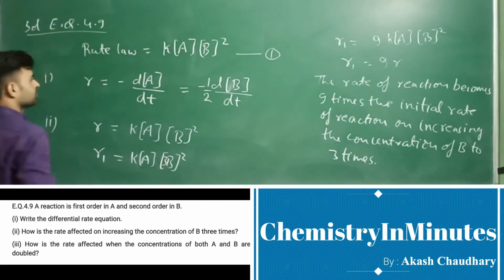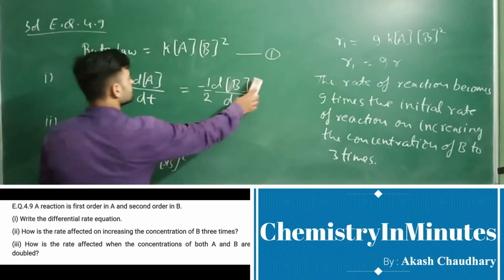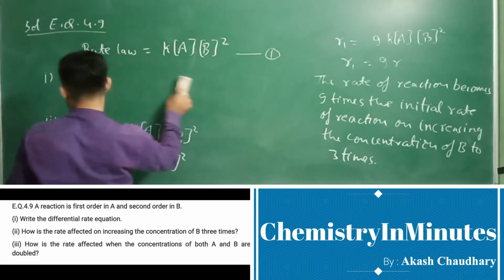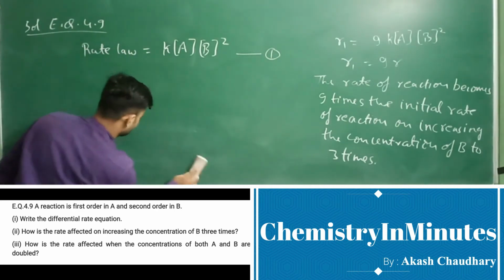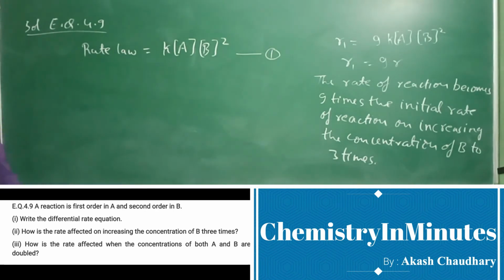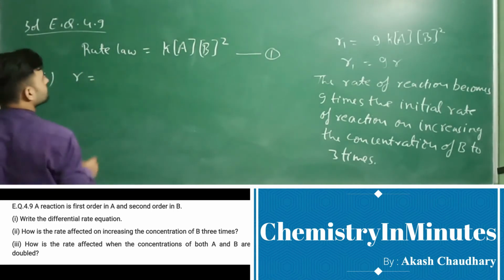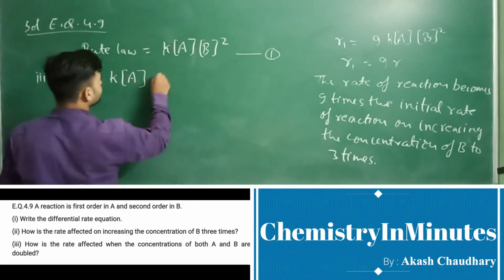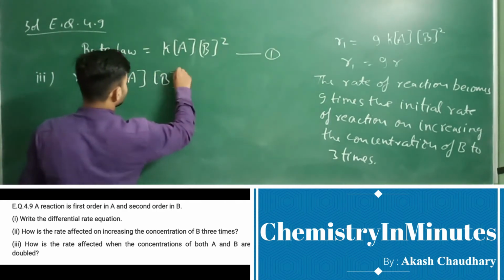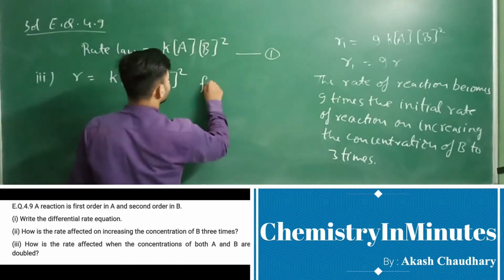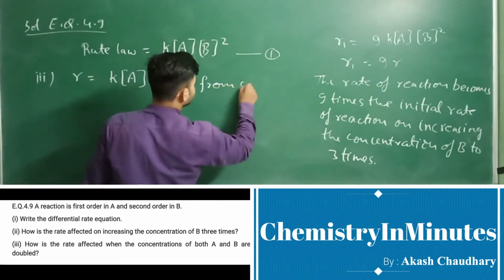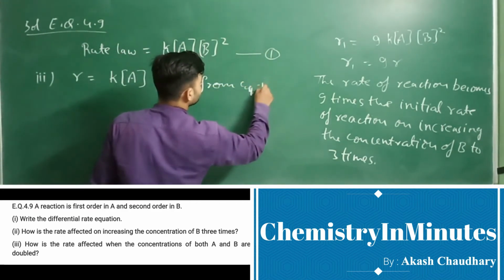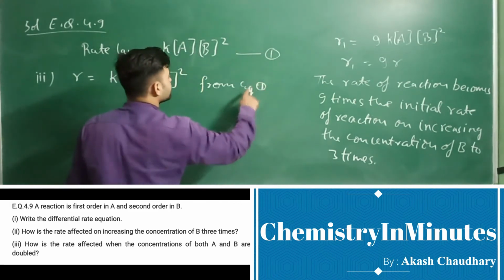Now the third part. For the third part, R equal to k, concentration of A, concentration of B square, from equation 1.